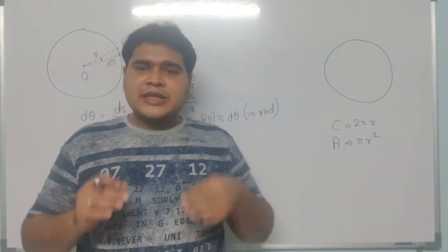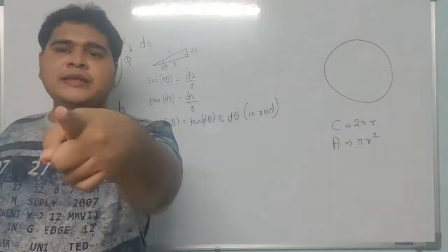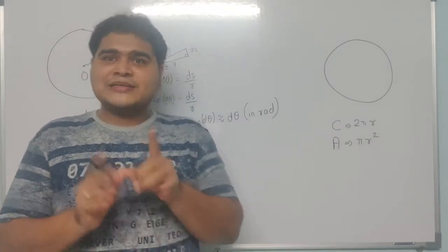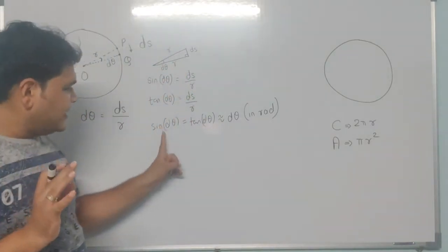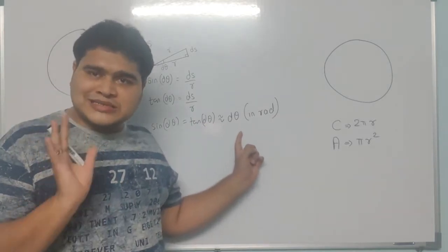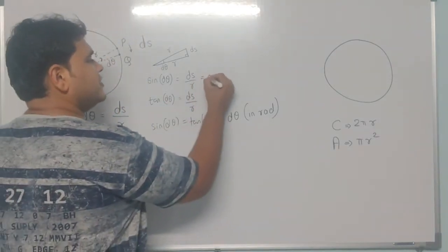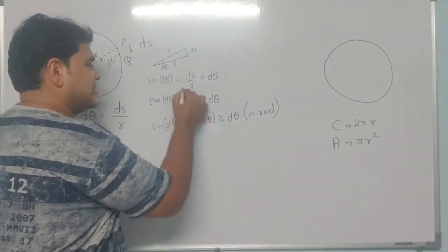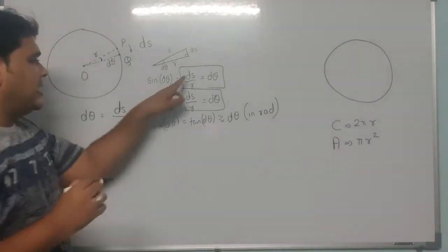Substitute, divide by 180, get the value. I guarantee, guys, you get all the things to be the same. So for small angles, it is true. So if sine d theta, tan d theta, and d theta are all the same, can I substitute over here d theta only? And that means this is this.